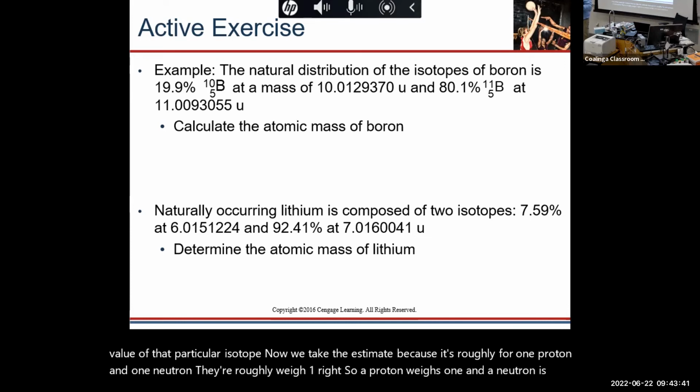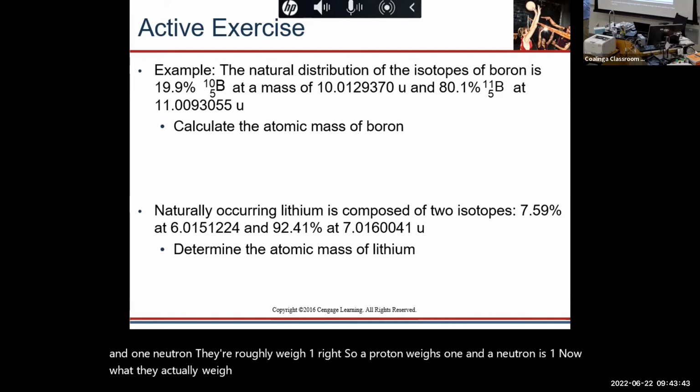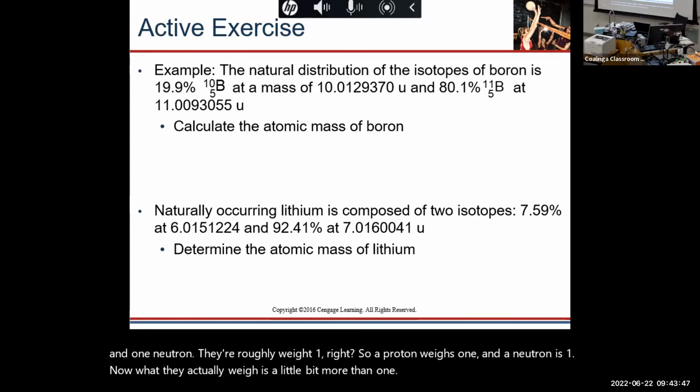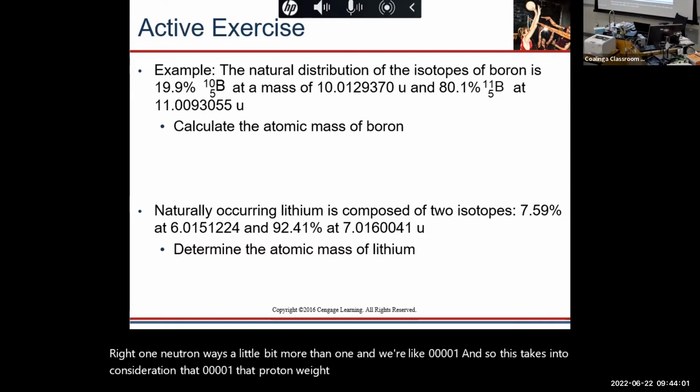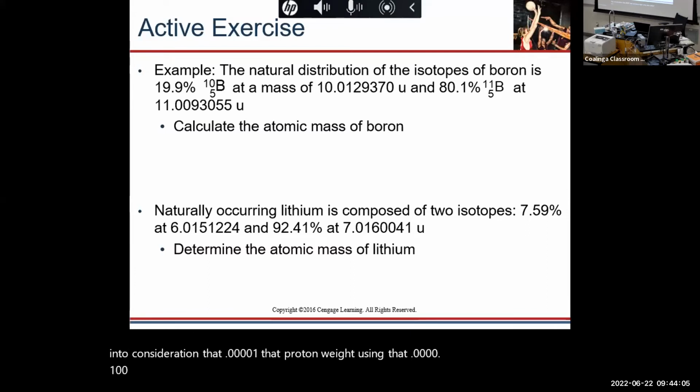Now, what they actually weigh is a little bit more than one. A neutron weighs a little bit more than one, like 0.00001. And so this takes into consideration that 0.00001 that the proton weighs and that the neutron weighs.